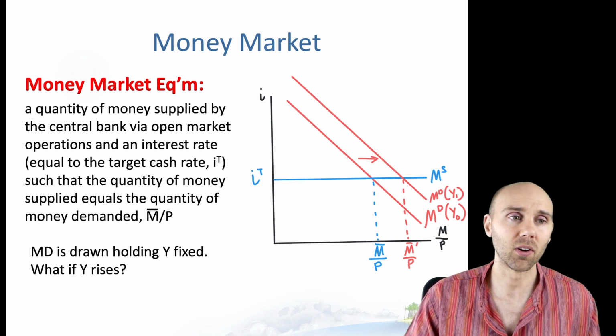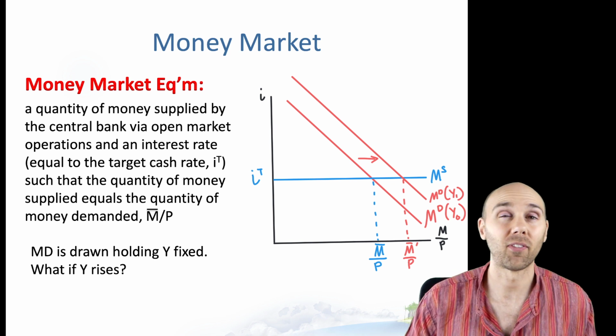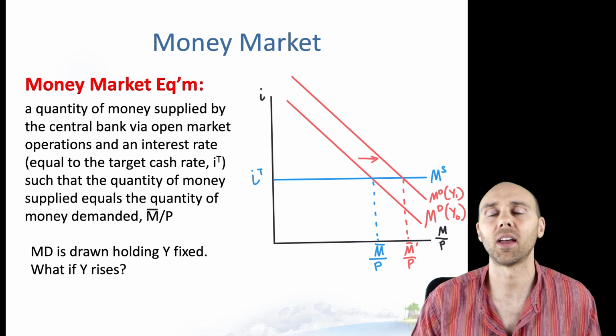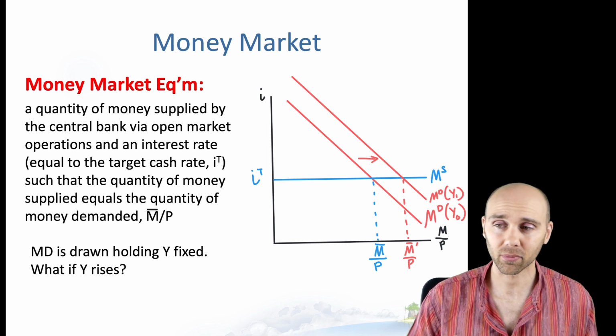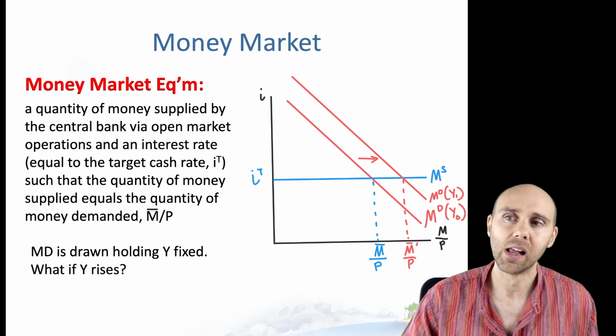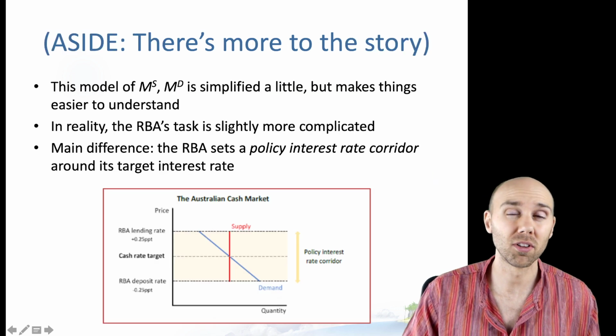So this is nice because it shows us how we get the money market equilibrium and the effect on the interest rate in a simple setting, a simplified supply and demand model that we're used to. And that's all you really need to capture for this part. But just for completeness, I will mention that there is more to this story.